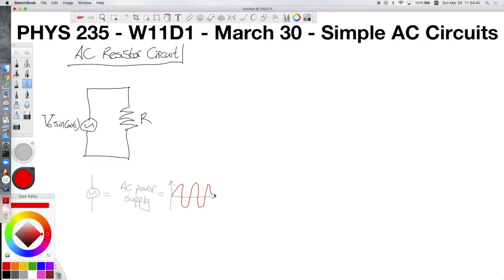So when we're dealing with this circuit, we have an AC circuit, and all of our normal circuit rules still apply. We still have to respect the battery voltage. So our battery voltage must be equal to our resistor voltage, which is equal to V0 times sine of omega t.